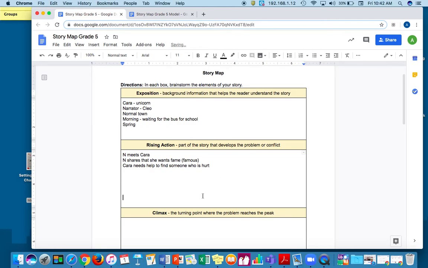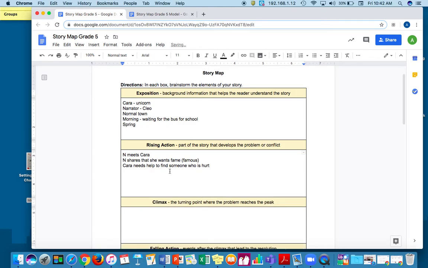And let's think of some other things that happen during the rising action. The narrator agrees to help, and they begin looking for the hurt person.